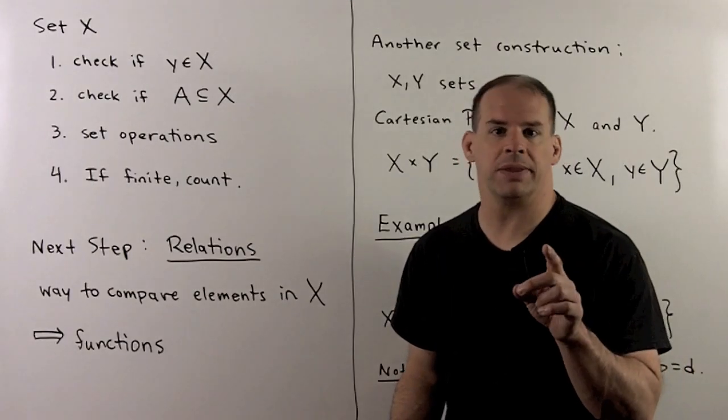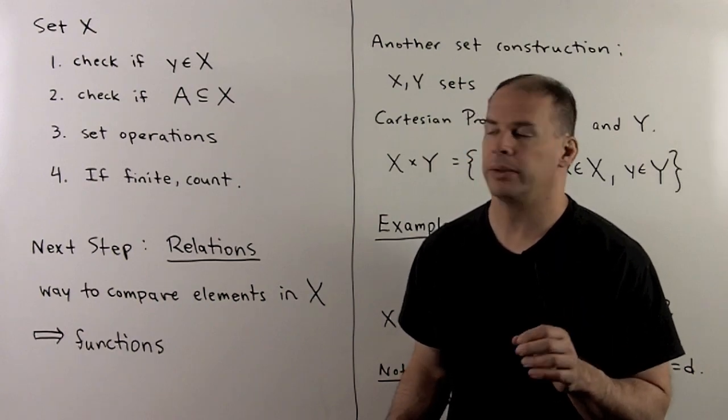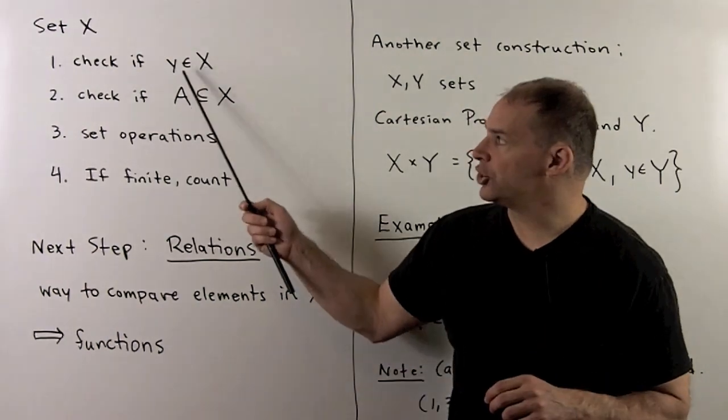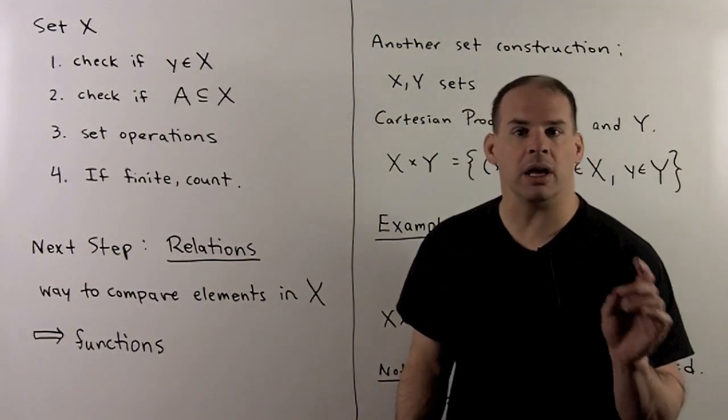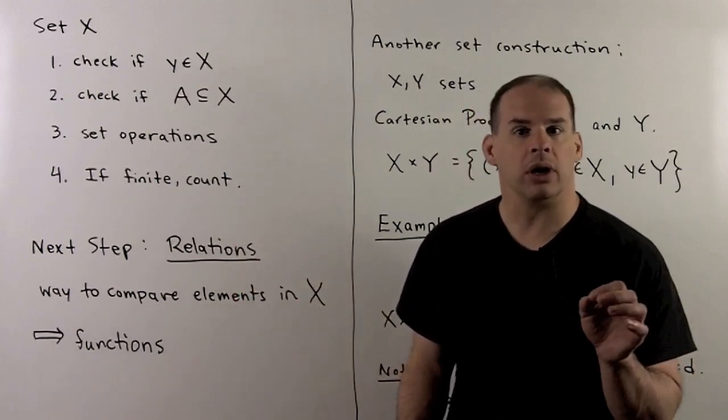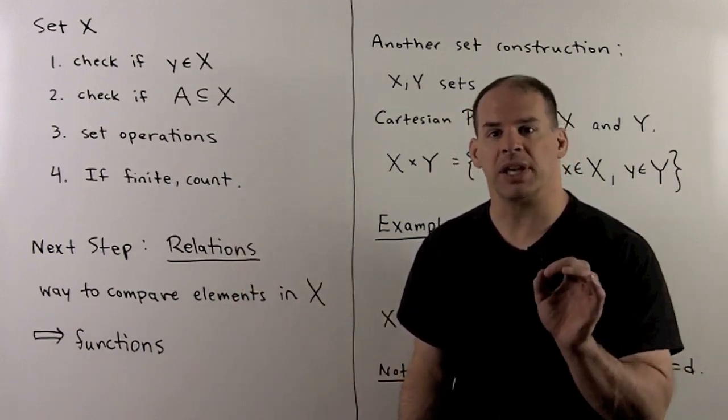Let's review the types of things we can do with a set. If I have a set X, then I can check whether a point Y is an element of X or not. We could check whether a set A is a subset of X or not.